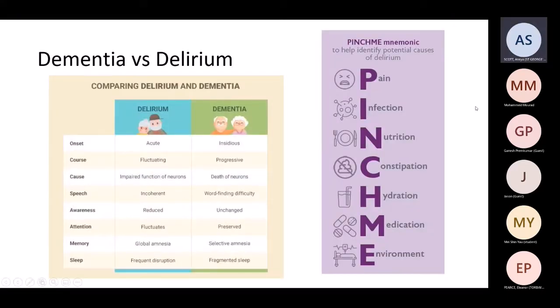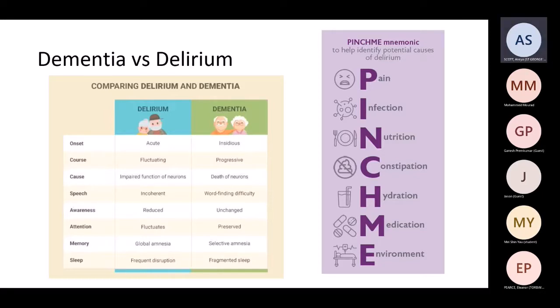So we're going to move on now to dementia and delirium. It's quite a classic thing. I'm sure you've seen it before, these tables comparing delirium and dementia. Quite often you get a combination of both, where someone's got dementia and then they become delirious. The differences are that delirium is quite an acute onset, so it's usually triggered by something.